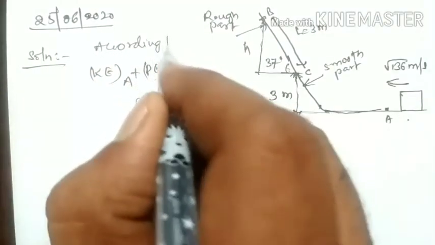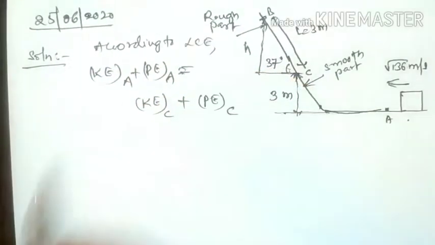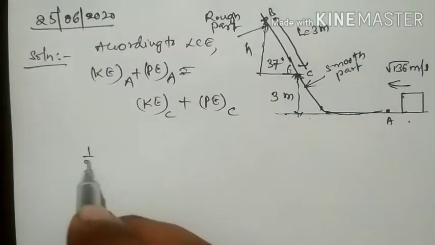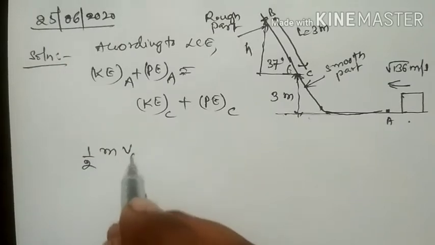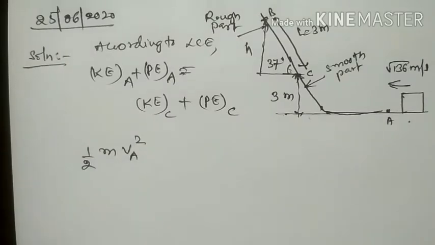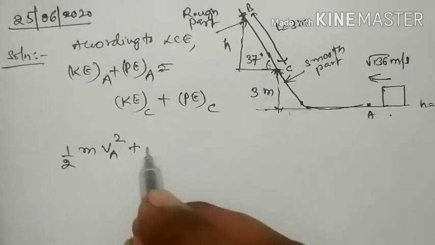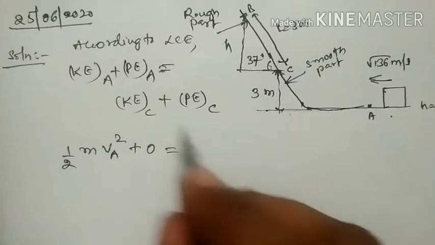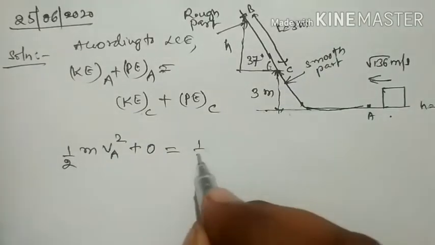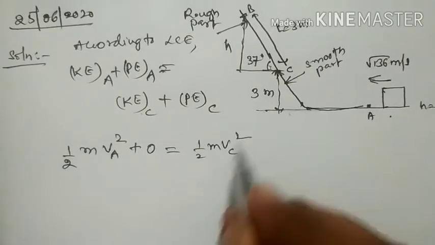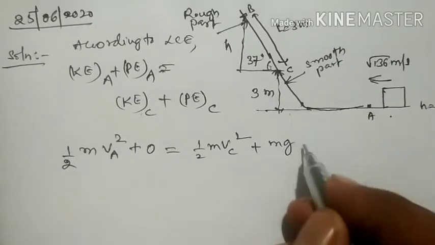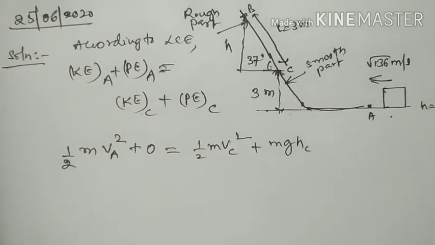Kinetic energy at A means half m velocity at point A square plus potential energy. I have taken this as reference point, so potential energy is 0 because mg into h is 0. Kinetic energy at C, again it is half m velocity at C square plus potential energy at C means mg into the height of the point C.